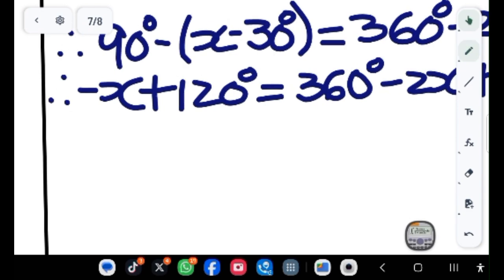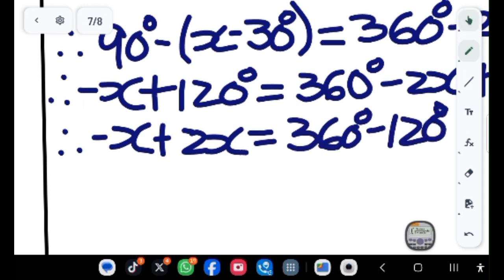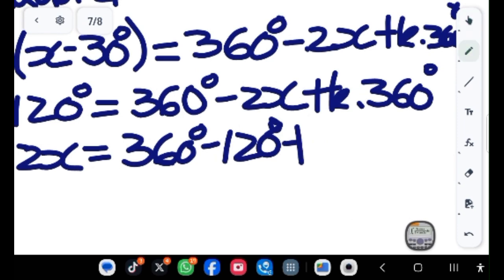So now take the x to the left hand side: minus x plus 2x equals 360 minus 120 plus k times 360 degrees.